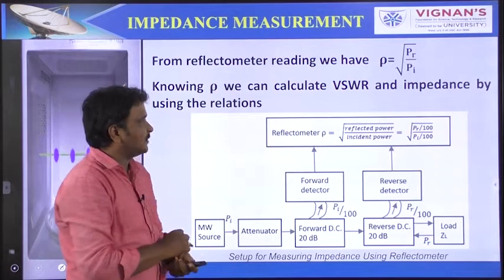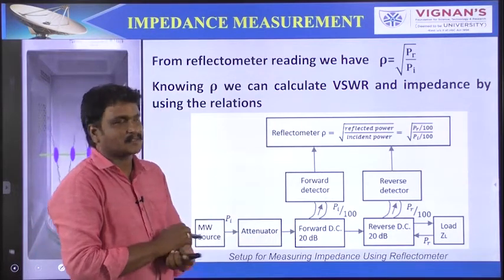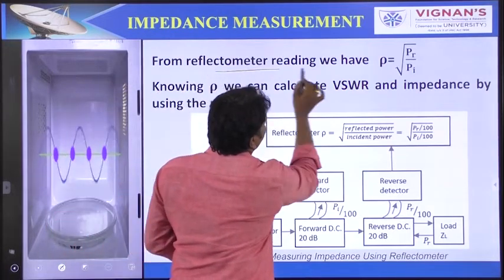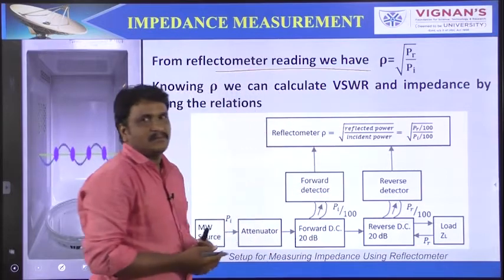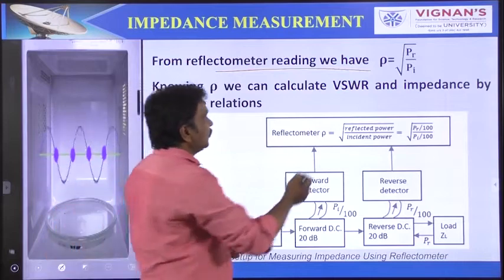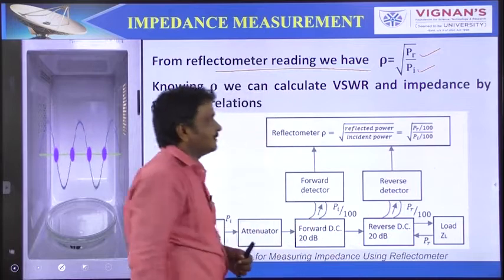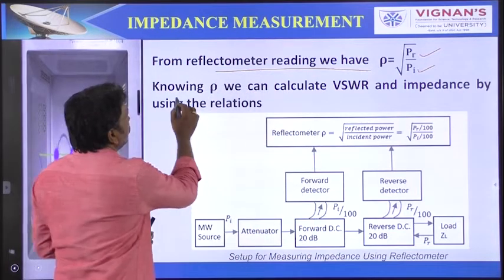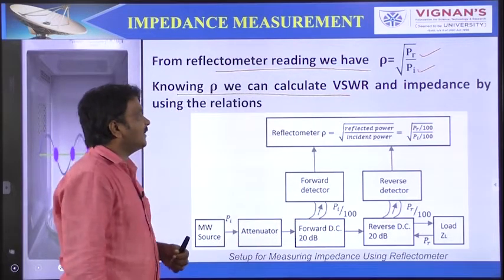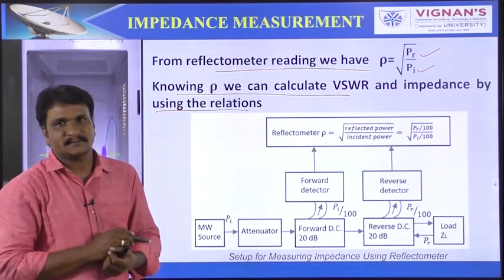This is the block diagram of impedance measurement using the reflectometer method. From the reflectometer reading, the reflection coefficient is represented by rho. That rho is equal to the square root of the reflected power by the incident power, PR by PI. Knowing rho, we can calculate the VSWR and the impedance using relations.